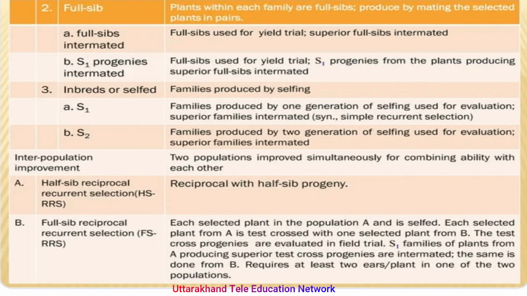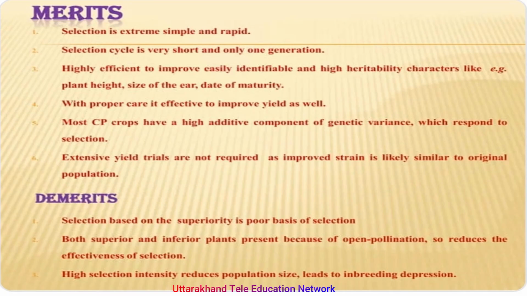Each selected plant from A is test crossed with one selected plant from B. The test crossed progenies are evaluated in field trial. S1 families of plants producing superior test cross progenies are intermated. The same is done for B. It requires at least 2 years to plant in one of the two populations.